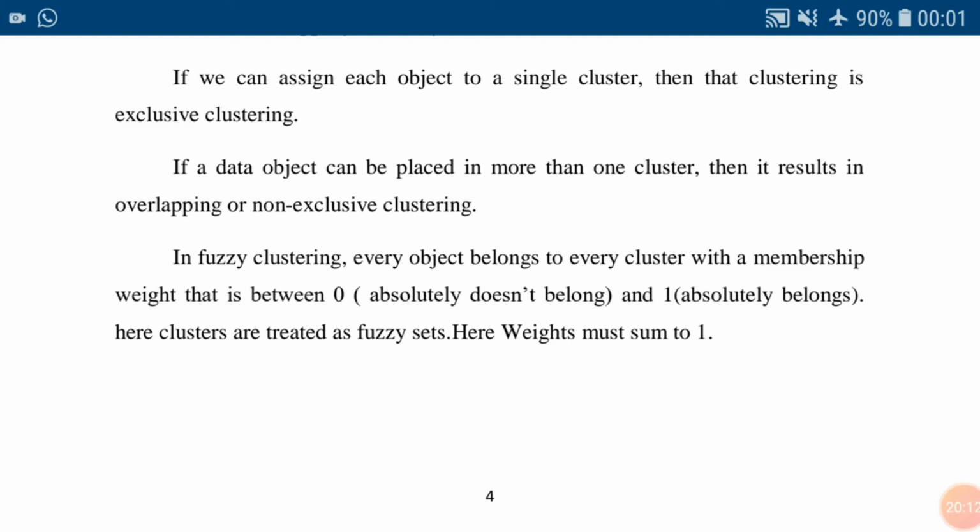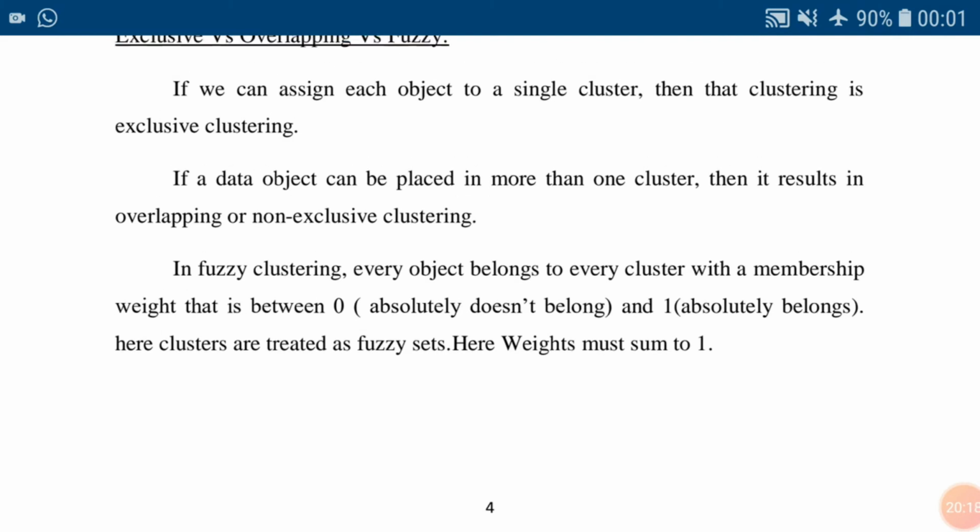For example, we represent a cluster with a circle shape. Within one circle we have 10 data items, and within another circle we also have 10 data items. Those two circles overlap, so commonly we have, for example, two data items.